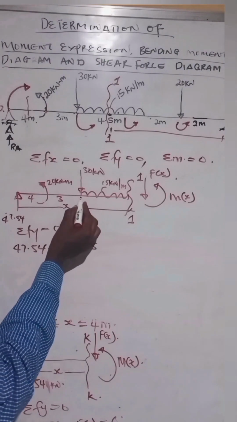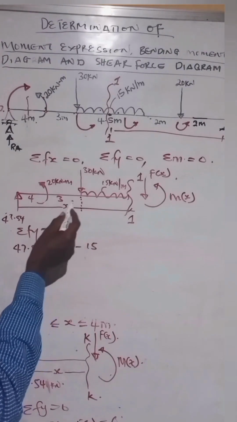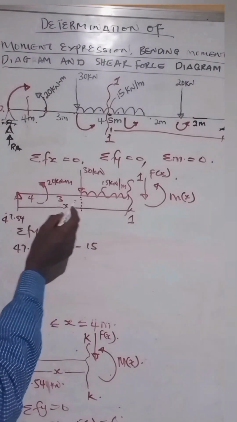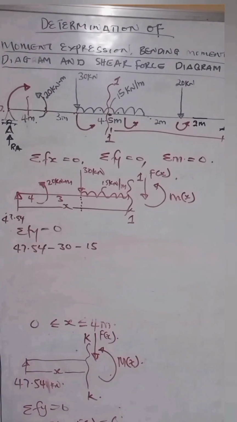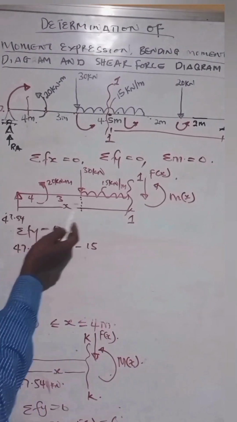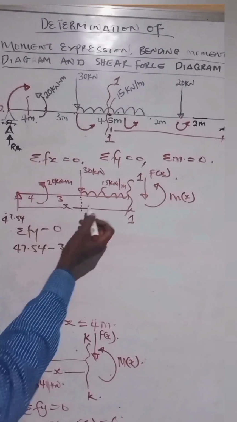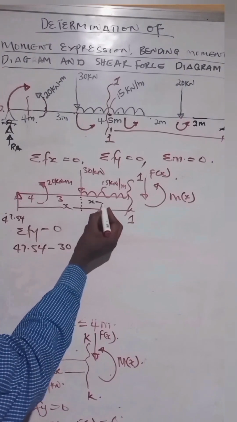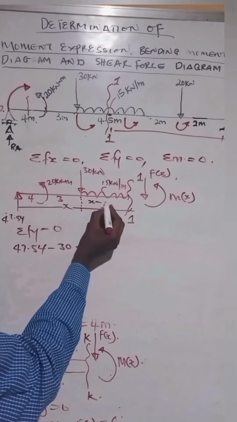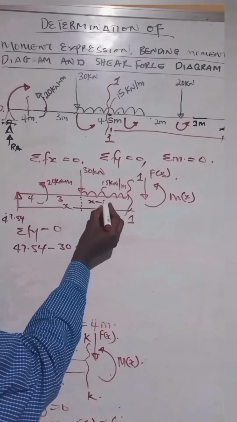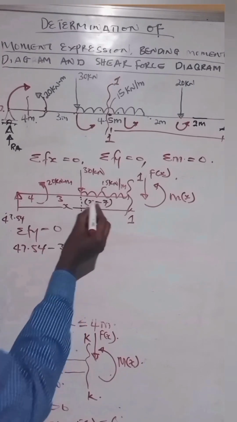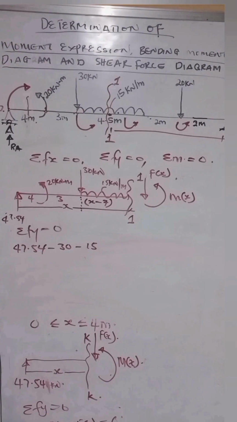We are interested in this boundary. This is where we are interested. So from here to here is 7 meters, and we have here to be x. So how do we obtain this? This becomes x minus 7. X minus what? 7. All right. So that is a point.